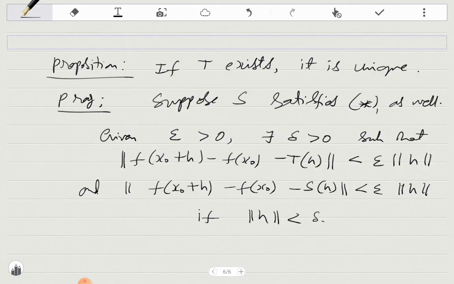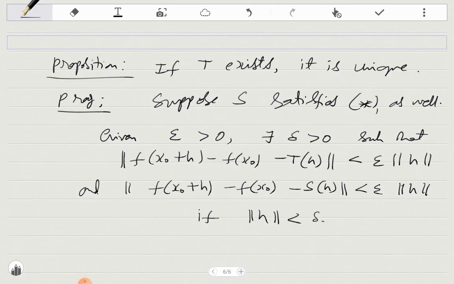Actually you'll get two deltas for the same epsilon, one for T, one for S. So I've just taken the minimum of those two deltas. Then you're assured that both these inequalities will hold if norm h is less than delta.